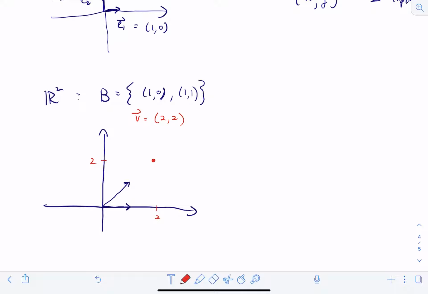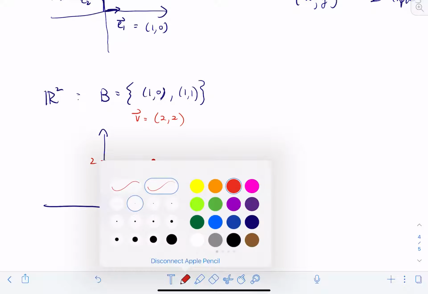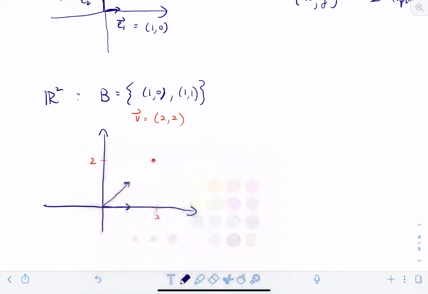Now, if you were to think of the coordinate point of view, in the coordinate point of view, this vector is not going to be expressed with the coordinates 2, 2. The reason why is 2, 2 would be the coordinates with respect to the standard basis.